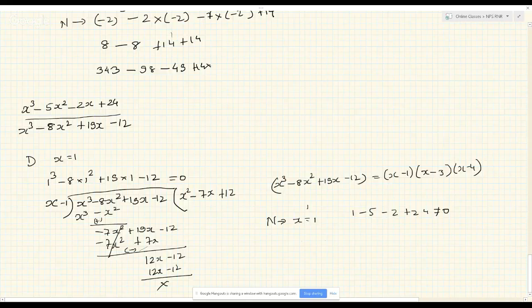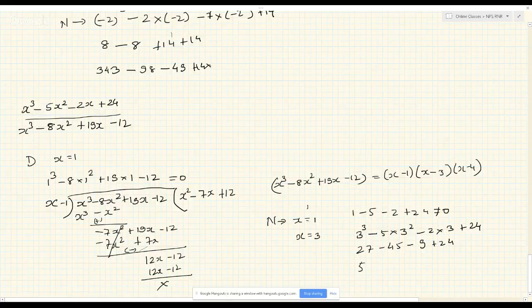Let's check 3, x equals 3. If you put it, it will be 3 to the power 3 minus 5 into 3 squared minus 2 into 3 plus 24, which is nothing but 27 minus 45 minus 9 plus 24. Am I right?